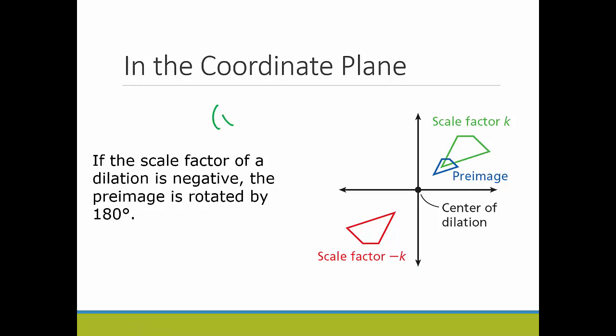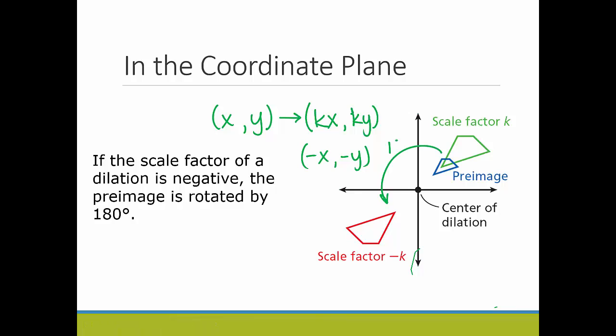Because remember, you're taking your point and multiplying it by k. If k is negative, you end up with a negative x and a negative y. And from our rotation chapter, you know that means it rotates 180 degrees.